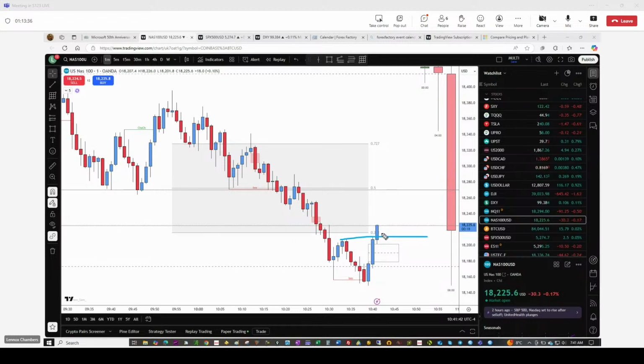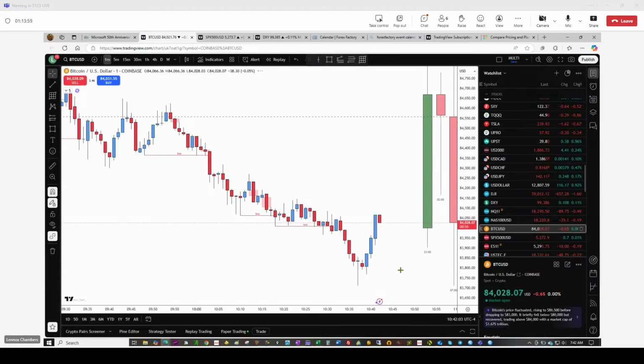We're looking for a retrace back into our gap, and that would be our 1, 2, 3. So there's our 1, our 2, and then look for a retrace to 3. It just went into the gap. Bitcoin's doing a similar thing, but you can see Bitcoin made a quick 1, 2, 3 right there.